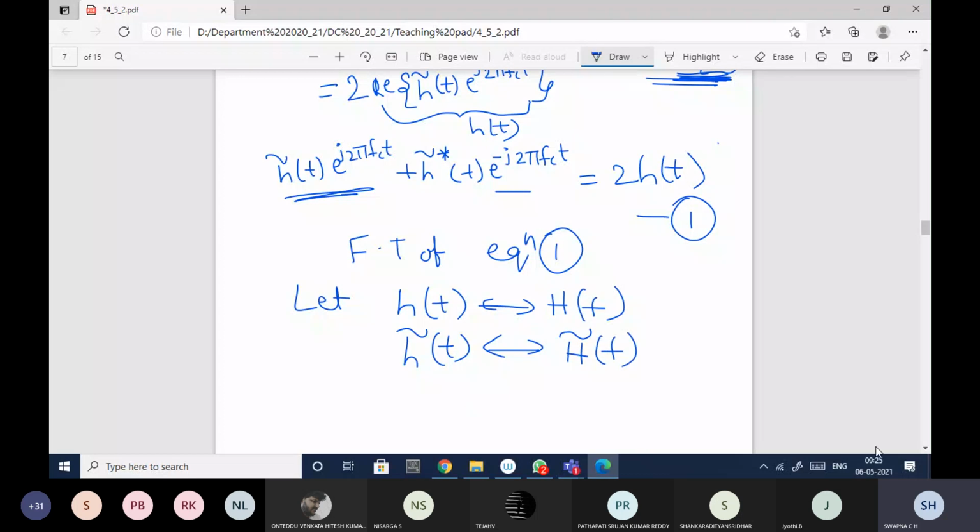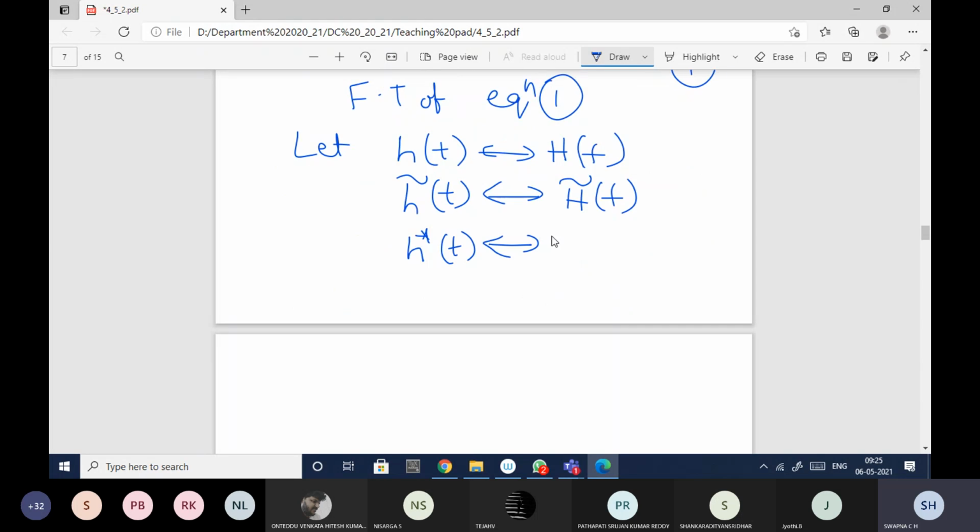Okay, so what will be the Fourier transform of h star of t? Generally, you have already studied the Fourier transform. What will be the Fourier transform of h star of t? Anybody remembers?